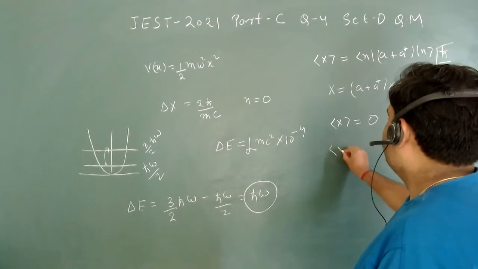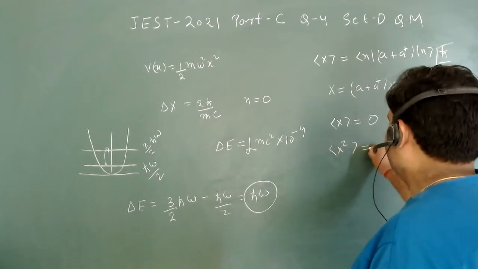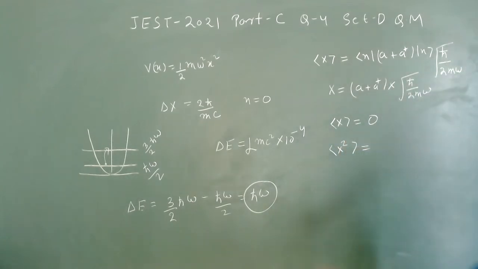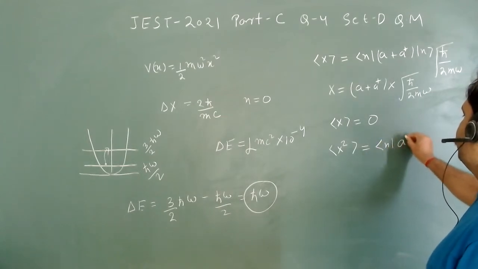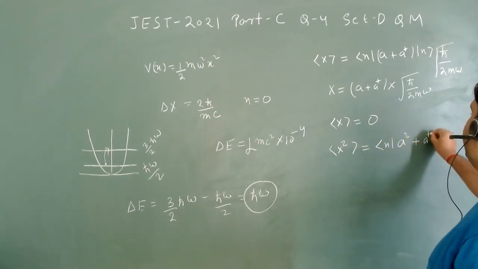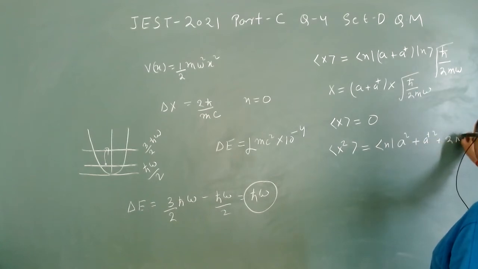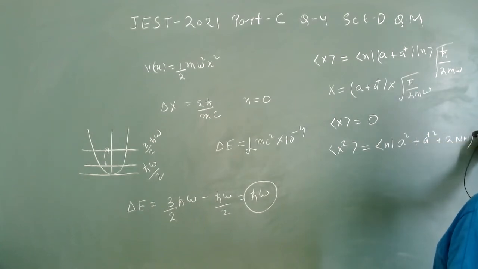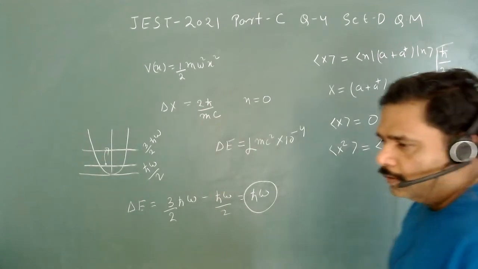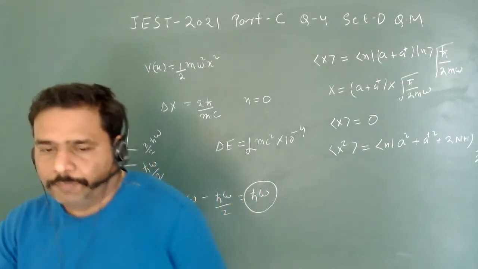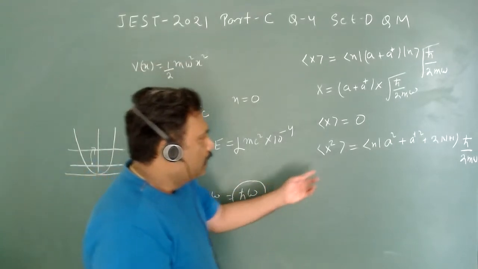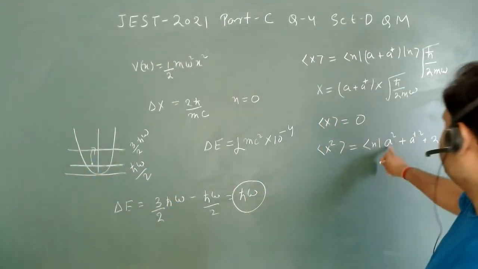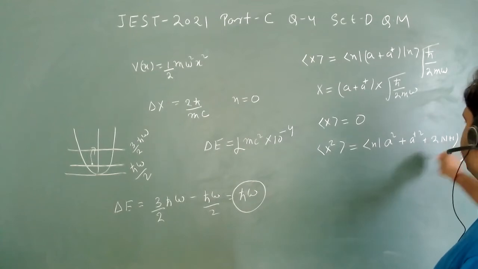Similarly, we have to calculate the expectation value of x square. That value is n, a square, a dagger square and 2n plus 1, into h cut upon 2m omega. We can easily calculate this. Obviously the expectation value of a square is 0, and of a dagger square is 0.